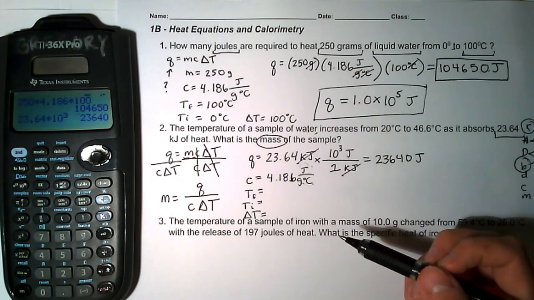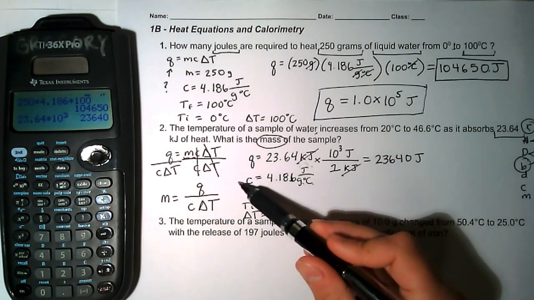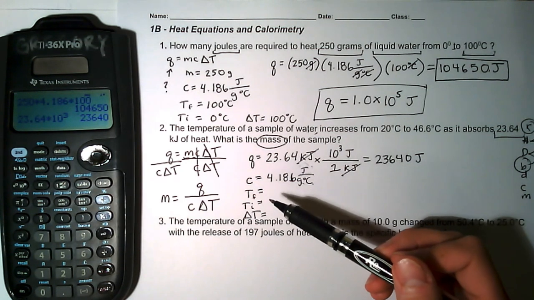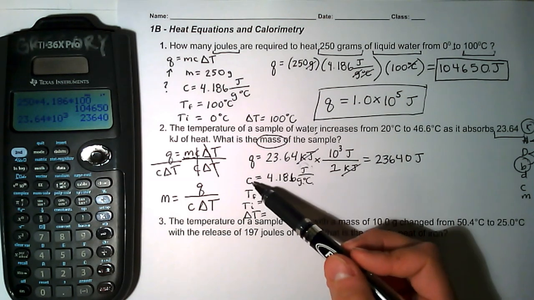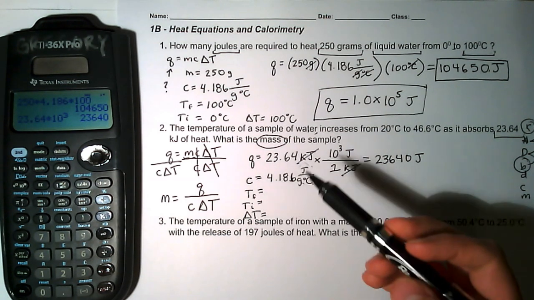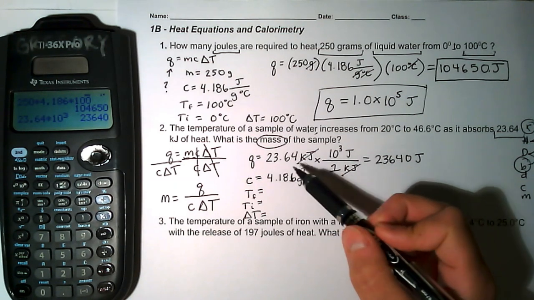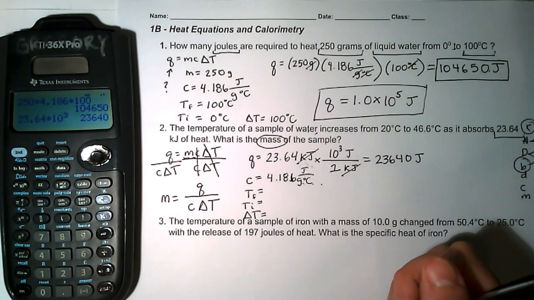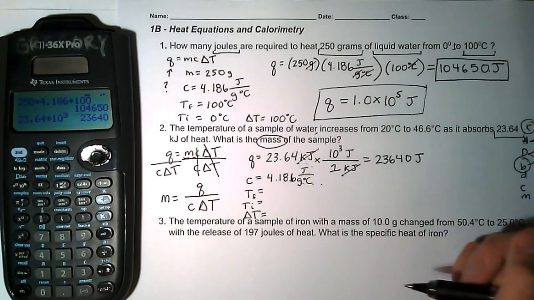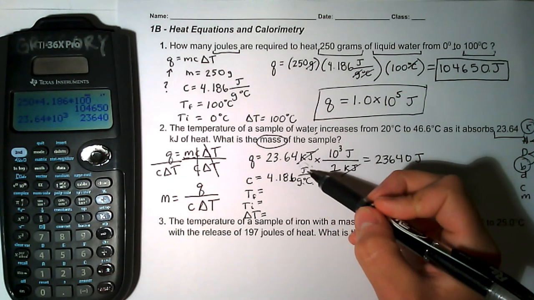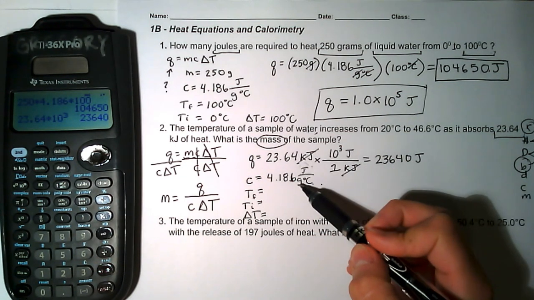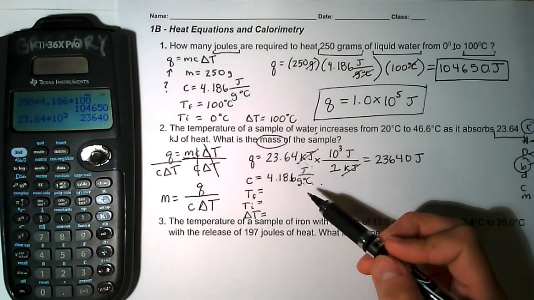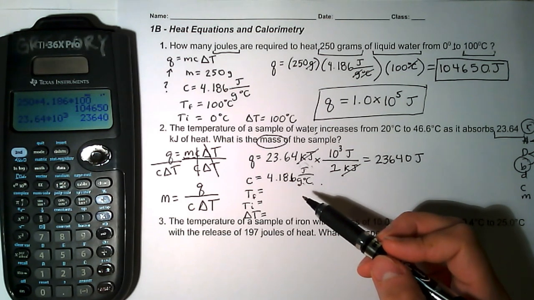You can look up other values for specific heat given in all sorts of different units, but since it's kind of a pain to memorize a whole list of different values for specific heat capacity, it's generally easiest just to memorize this one and then make sure your units match the units of your specific heat capacity, joules over grams degrees Celsius. So we want to make sure our heat energy is in joules, our mass is in grams, and our temperature is in degrees Celsius. That way it matches our specific heat and our units will cancel correctly.